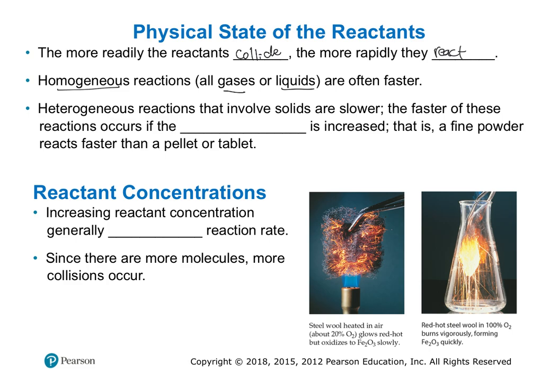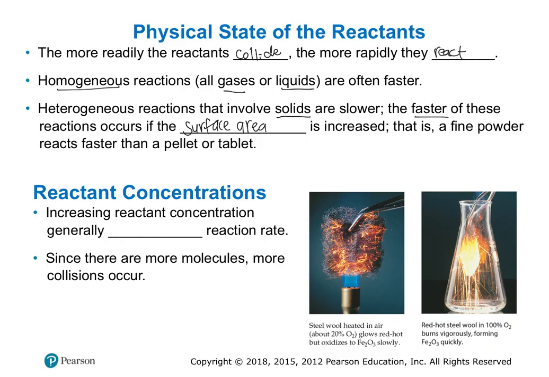Heterogeneous reactions, specifically those that involve solids, are slower, and that is because solids don't move, and so they're dependent on something like a gas or a liquid adhering to the surface. And so this actually speeds up when we have a high surface area, so if the surface area of the reactants is increased.